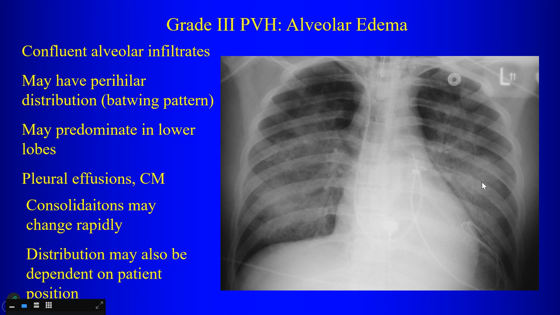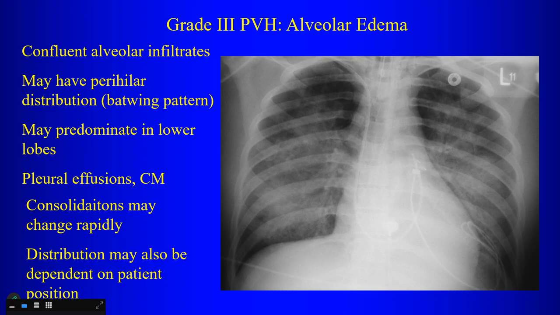Anybody know what the bat wing pattern is most closely associated with? Renal failure. So renal failure tends to give you that bat wing, although you can see it with all kinds of pulmonary edema.